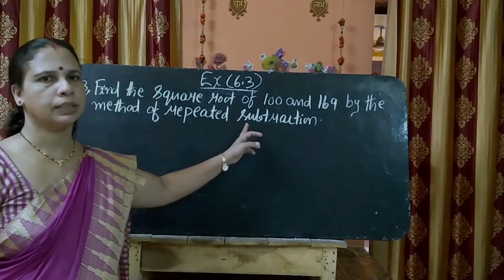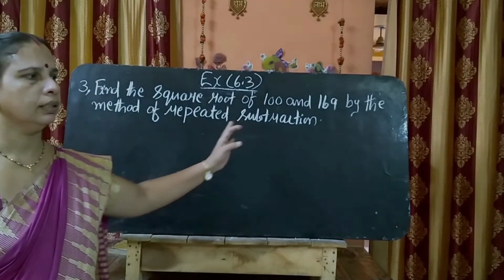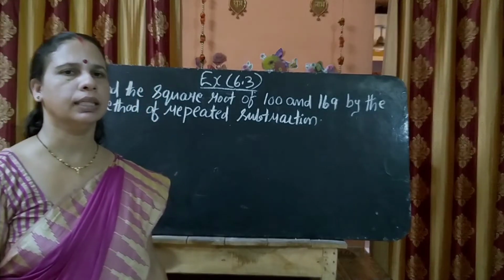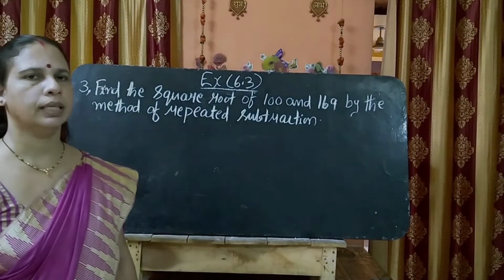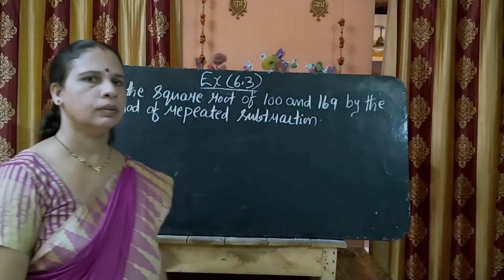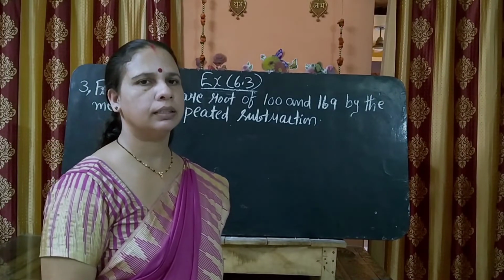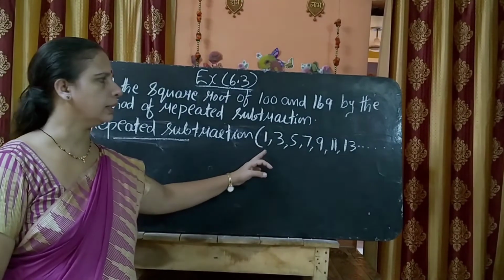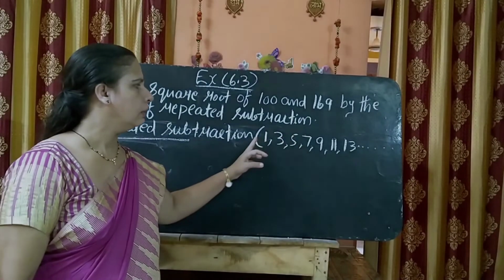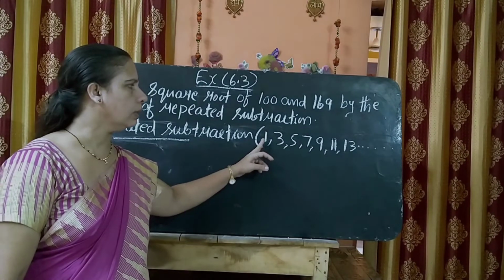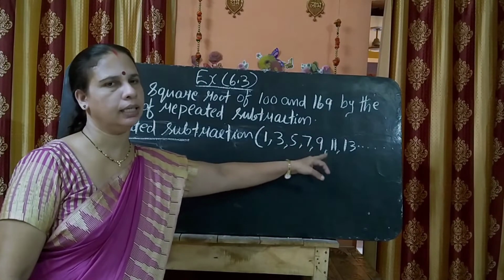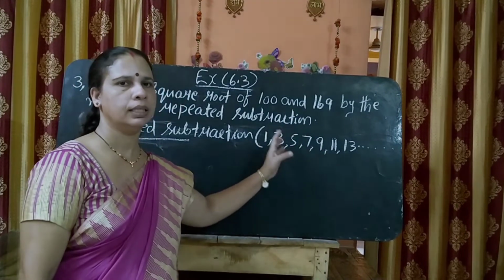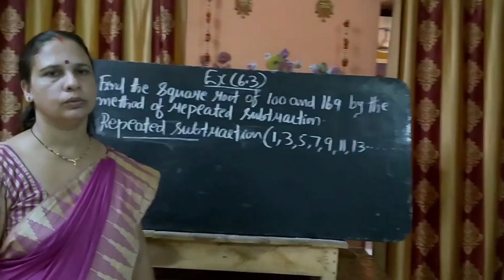In the repeated subtraction method, subtract odd numbers from the given number till we get 0. We have to subtract odd numbers, that is 1, 3, 5, 7, 9, 11, 13, etc., from the given number till we get 0.